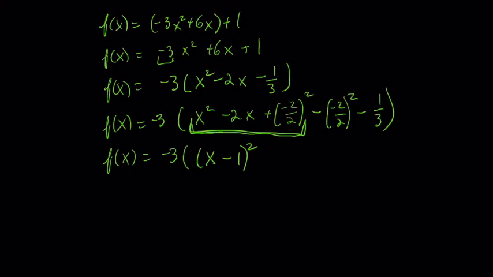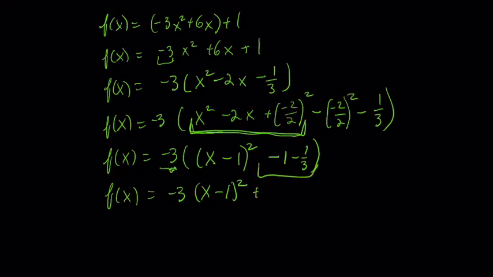So I got minus 1 minus 1/3. So I have f of x equals negative 3 times x minus 1 squared, and then I also have negative 3 times this portion over here. I'm pulling apart. I'm undistributing.